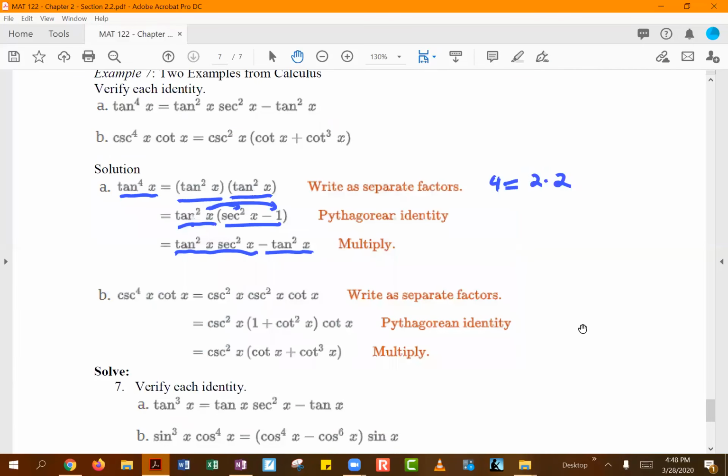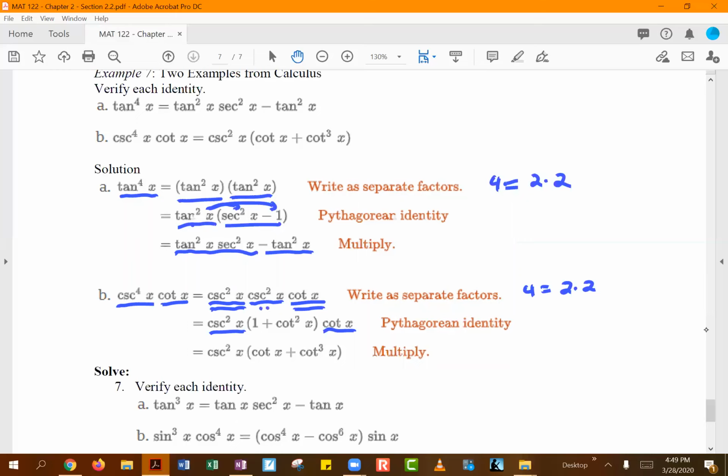You are taking this cosecant to the fourth power of x, and again rewriting it as cosecant squared of x times cosecant squared of x. So basically, again, taking that fourth power and breaking it down into 2 times 2. This cotangent of x, you're actually letting it stay as it is, okay? So this first cosecant squared of x, you're keeping as it is. This cotangent of x, you are also leaving as it is to the end.